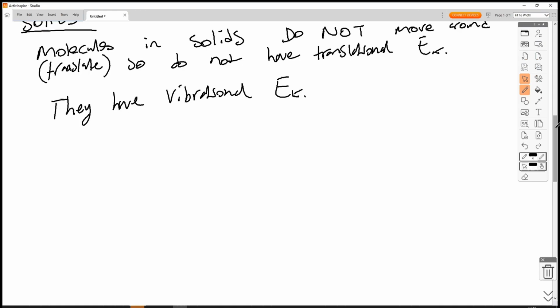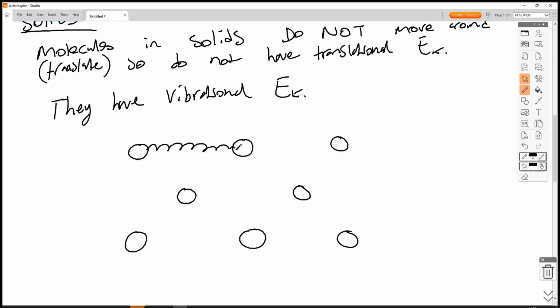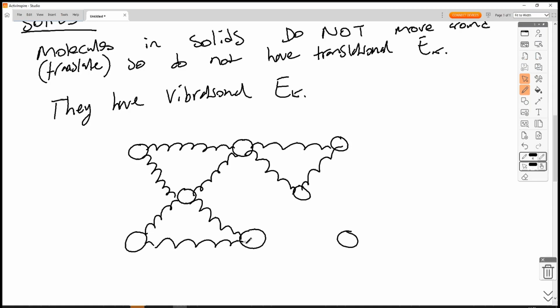And the way that these are modeled, if we draw some molecules within a solid, it's as if every one of these particles is connected to the adjacent particles with springs. So they behave like they're connected with springs.